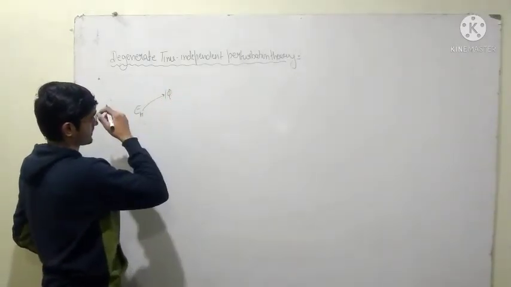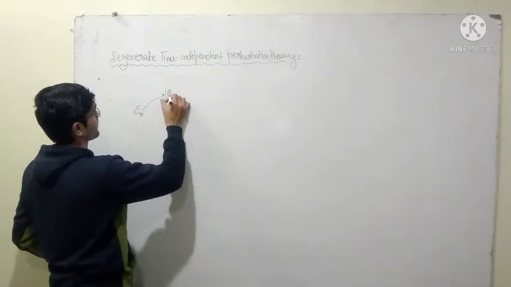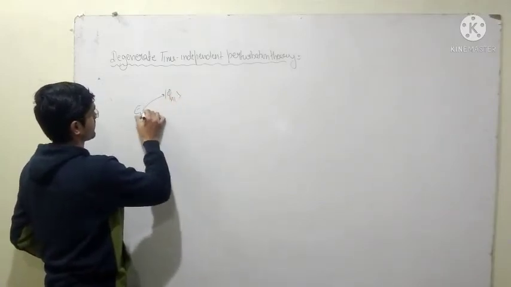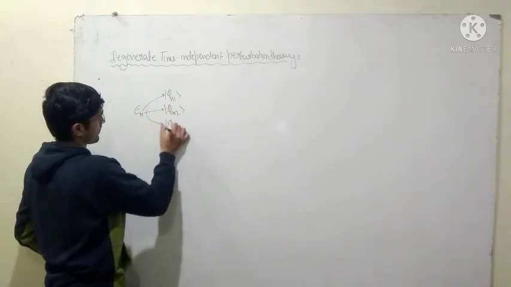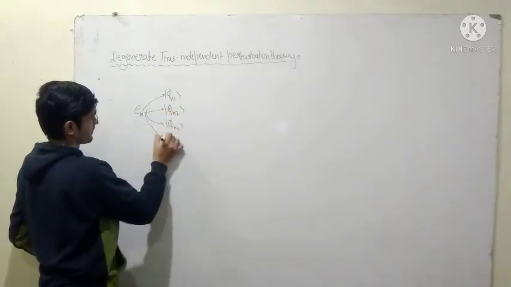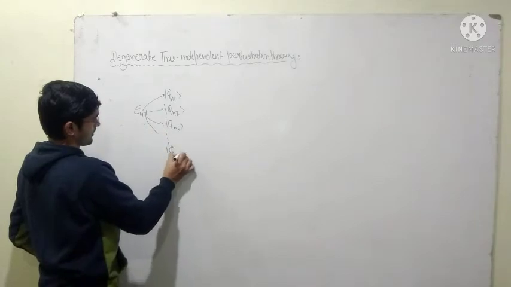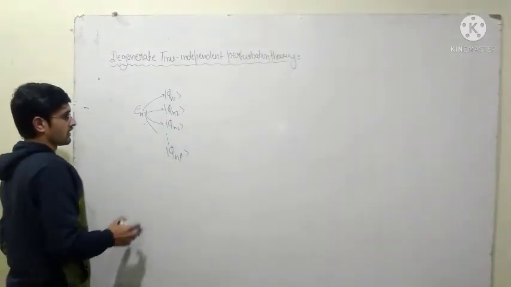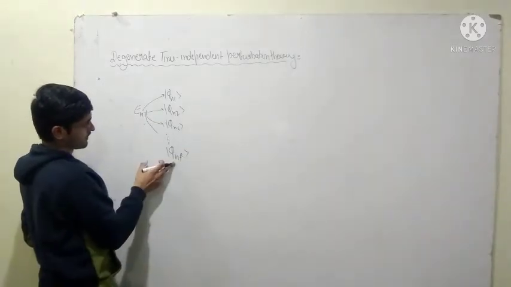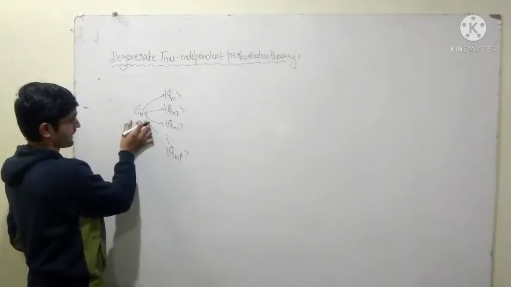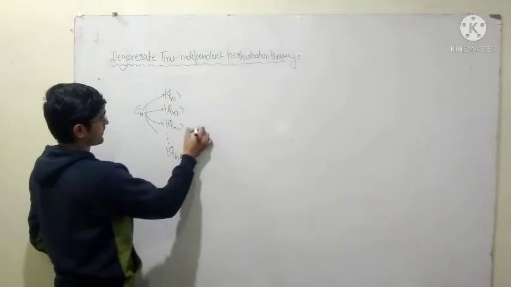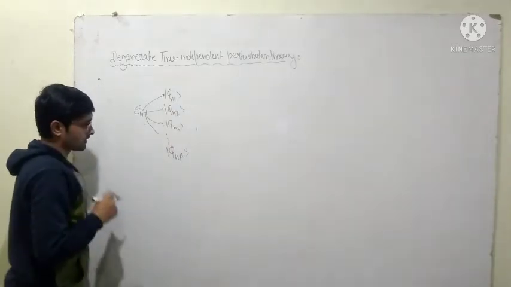So let us suppose this particular energy level has many state vectors like phi n1, phi n2, phi n3, and so on, up to f. So there are these f state vectors which correspond to just one particular energy. Here there are f state vectors.